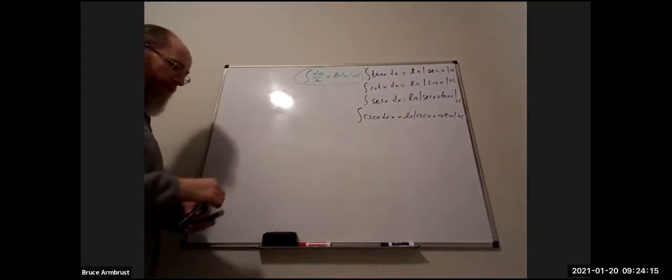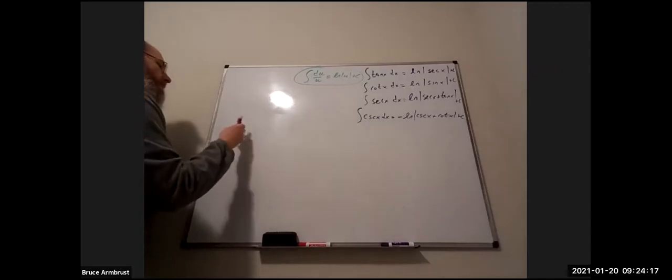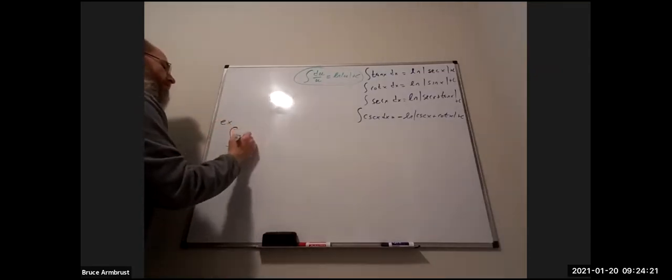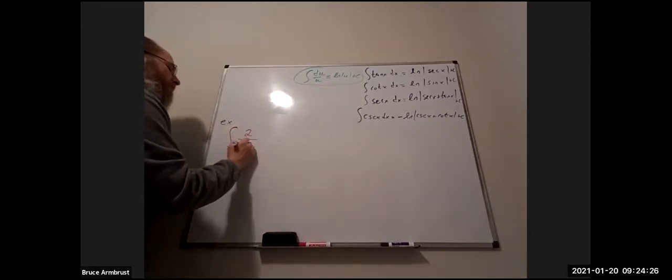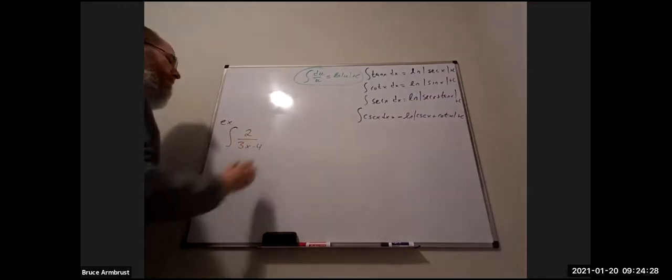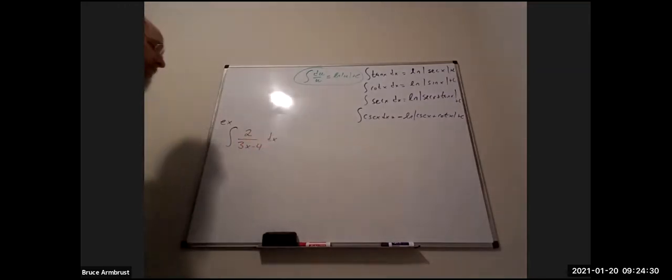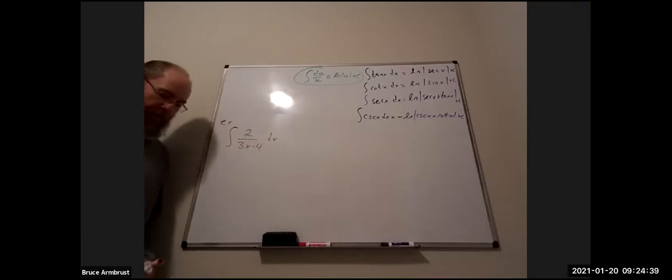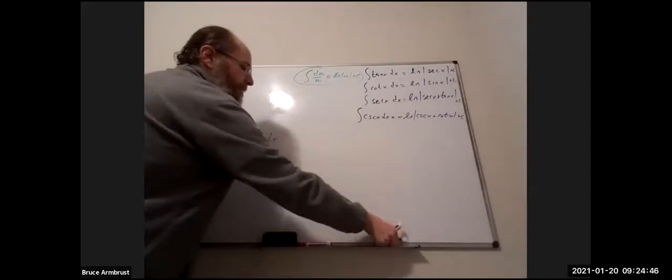So, for example, here's another place where we'll see that. How about we're anti-differentiating 2 over 3x minus 4. Well, this is going to be one where we will do substitution. And we're going to let u just be the bottom of this fraction.